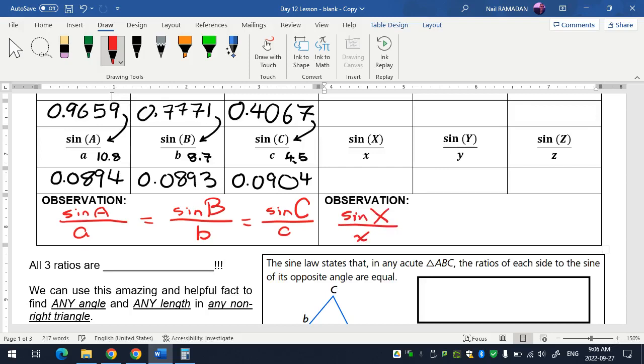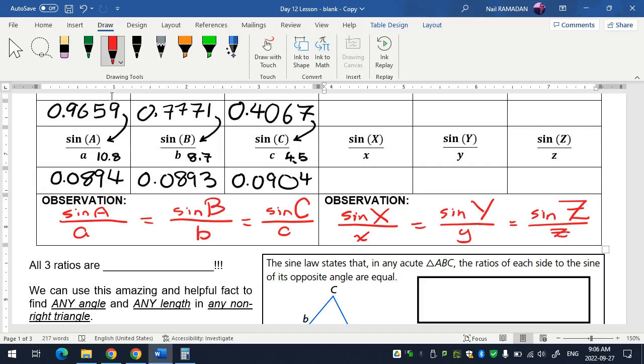By the way, you can notice that sometimes I put it in a box and sometimes I don't. It's completely up to you. Sine x over x must equal what? Sine y over y equals sine z over z.